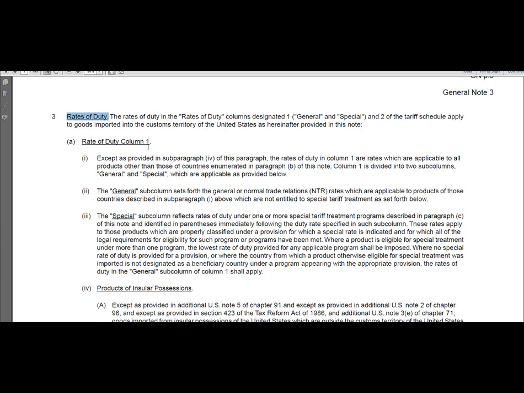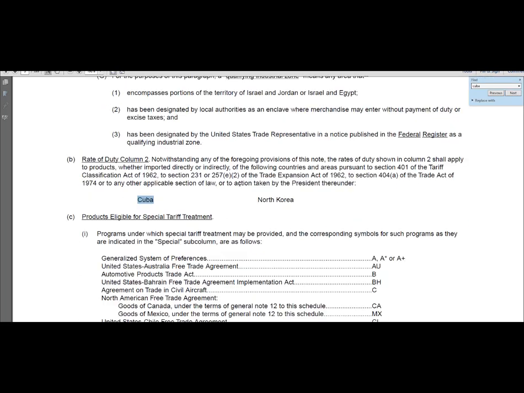I pretty much just summarized it here, but you should read the specifics, particularly if you engage in international trade in the near future. So this is a very useful tool. When it comes to column 2, the countries that fit in column 2 are described here.